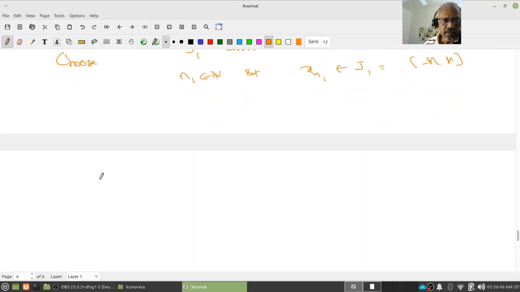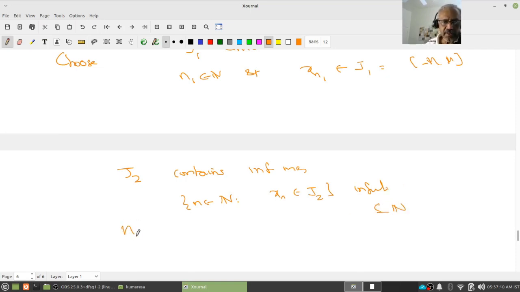So for now, look at J2, right? J2 contains infinitely many xn. That is the set of n, again if you want you have to be careful, such that xn belong to J2. This is infinite. This is an infinite subset of natural numbers, right?